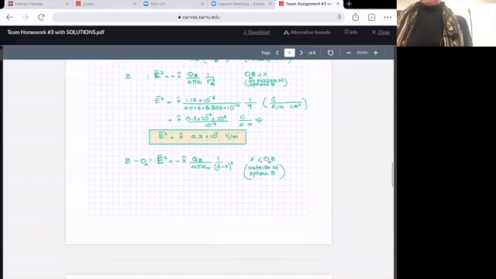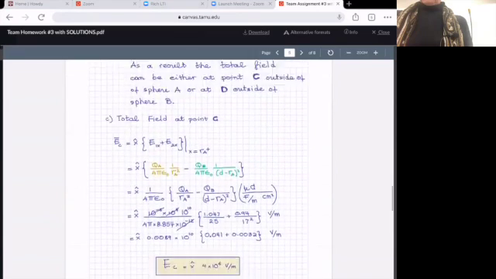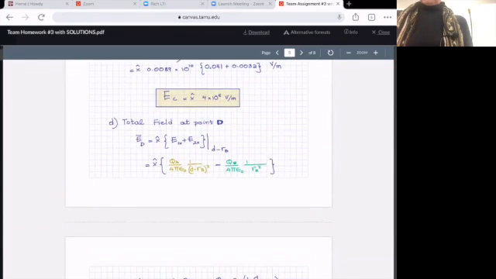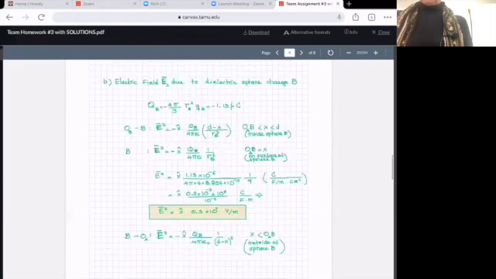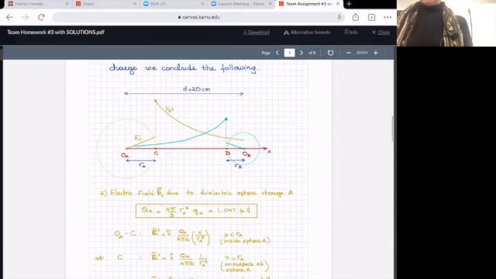Electric field at point B. That's what I meant to say, not D. I apologize for that. So D is supposed to be B. We don't have D. So point B is here. You see the point B? You see point B, right?